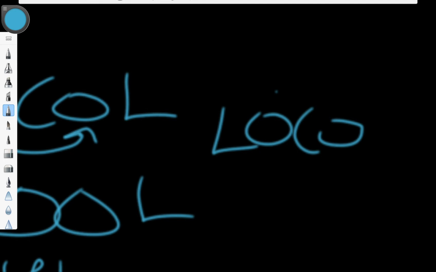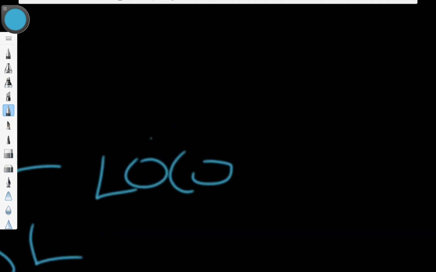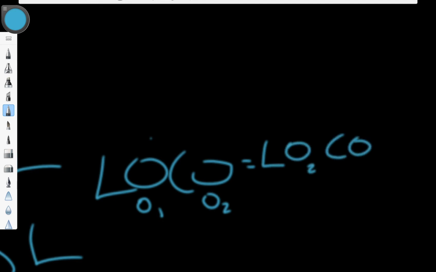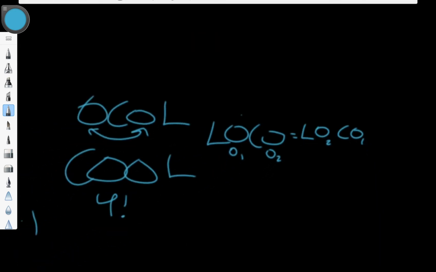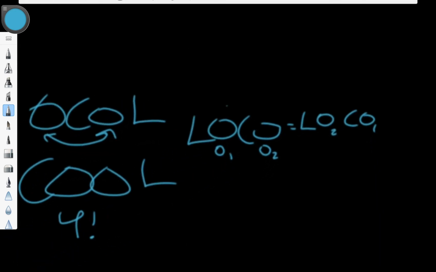We want to divide by this, right? Because LOCO is considered the same. Let's call this one O1, this one O2, right? That's equal to LO2CO1, right? For us, however, not for the factorial, because they're considered as different.